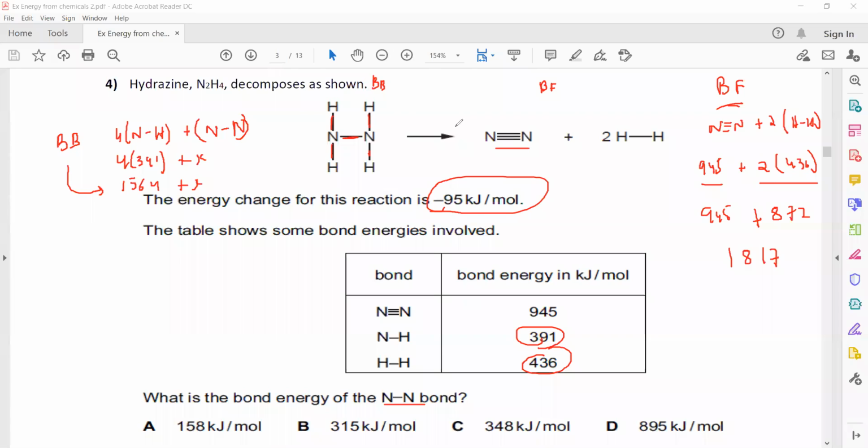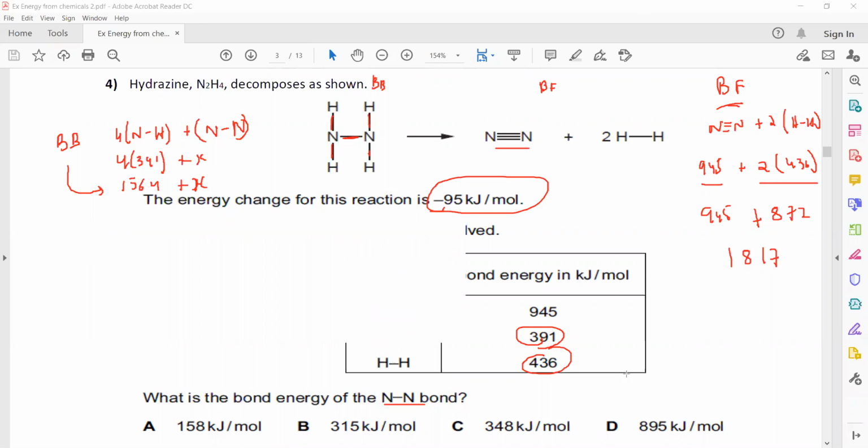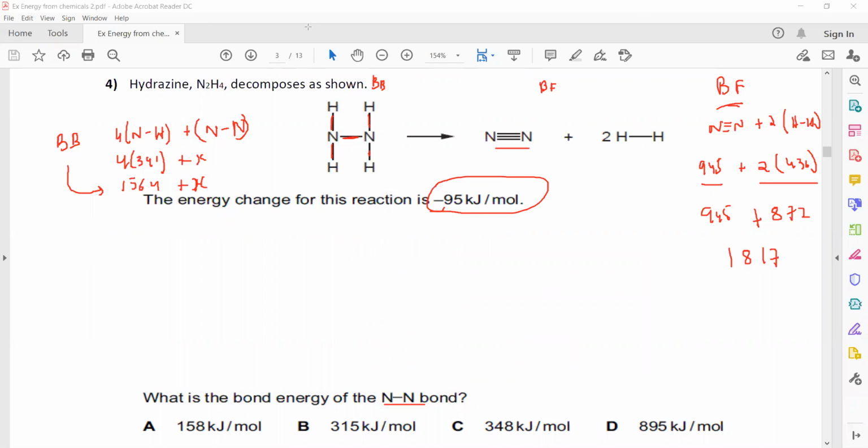So the bond breaking energy is 1564 plus X, and the bond forming energy is 1817. Now the formula is bond breaking energy minus bond forming energy is equal to energy change.